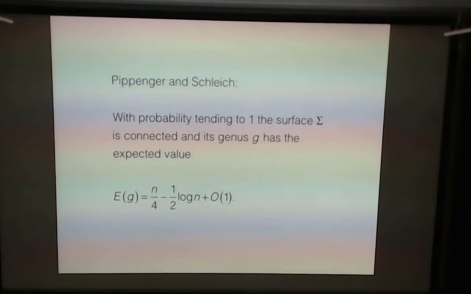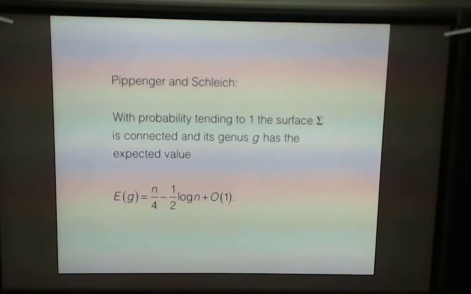Of course there are more results regarding this model, but I don't want to go further. What I just want to say is that this is the first example of a large random space. Here n is large, n goes to infinity.